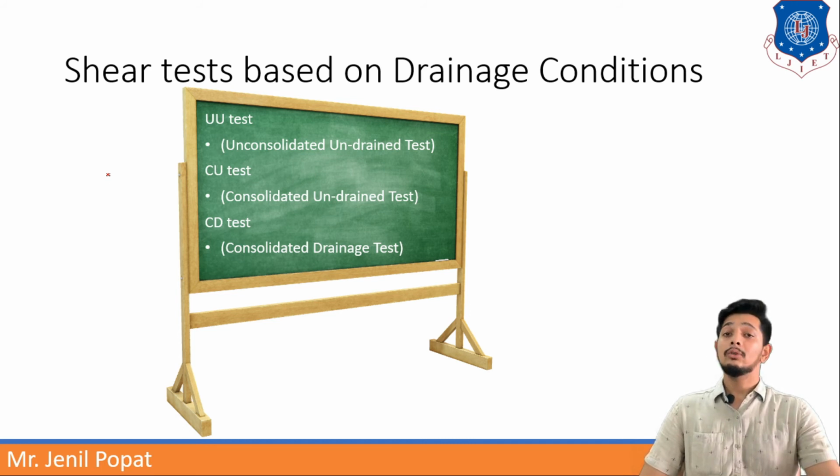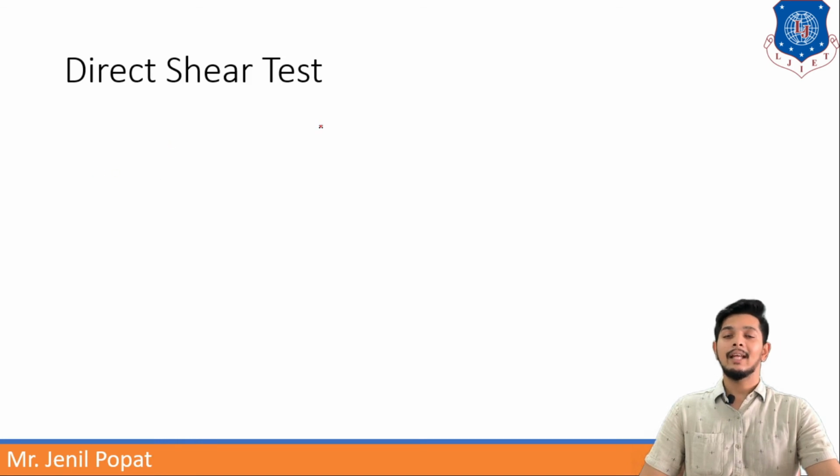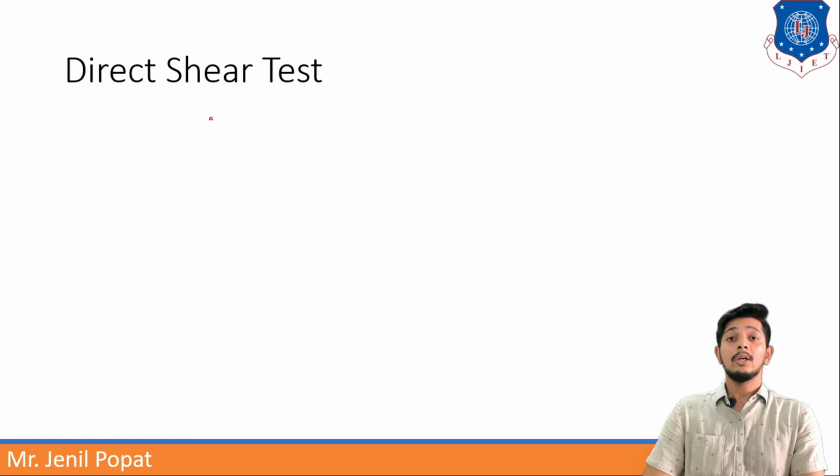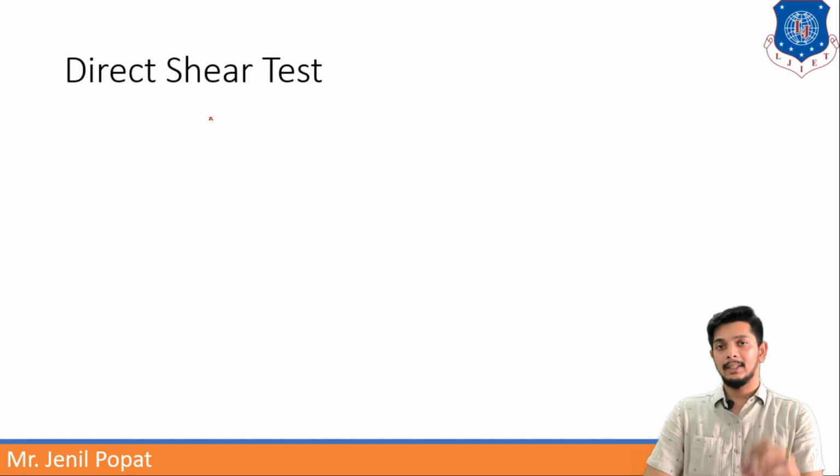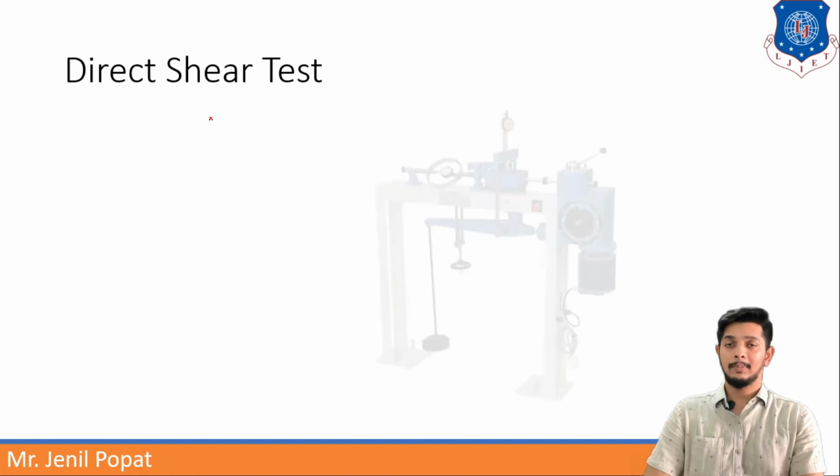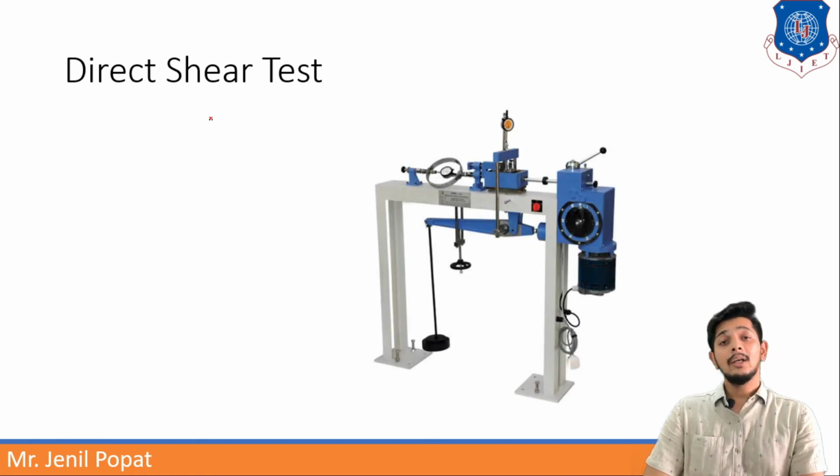Let us move to the first test, that is the direct shear test. Direct shear test is also known as the shear box test. In this box, which has the soil specimen, it is very important to understand and fill it properly. Let us understand this experiment. In this figure, you can see an assembly showing the direct shear test.